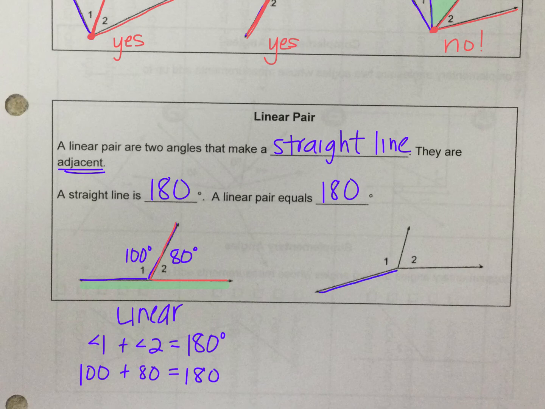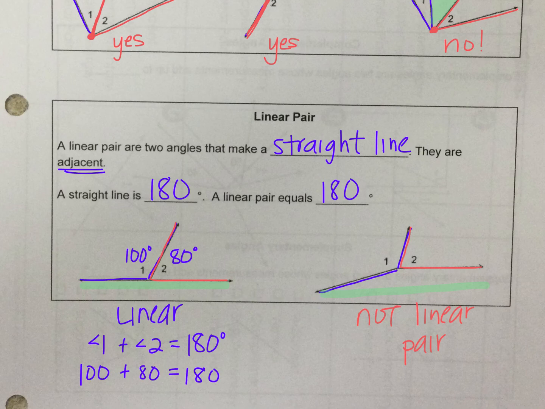Angle 1 looks like that. Angle 2 looks like that. Well, they're adjacent because they're touching, but that is not a straight line at all. So these are not linear. This is not a linear pair. Okay, so adjacent means touching. Linear pair means making a straight line.